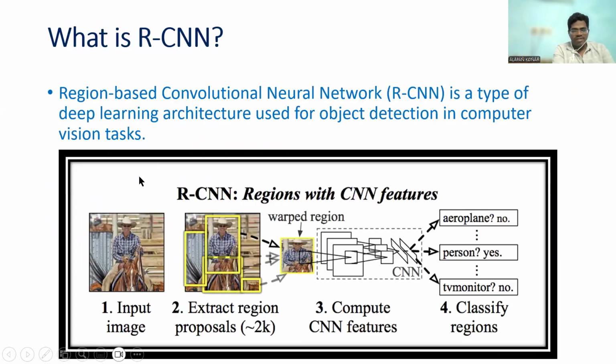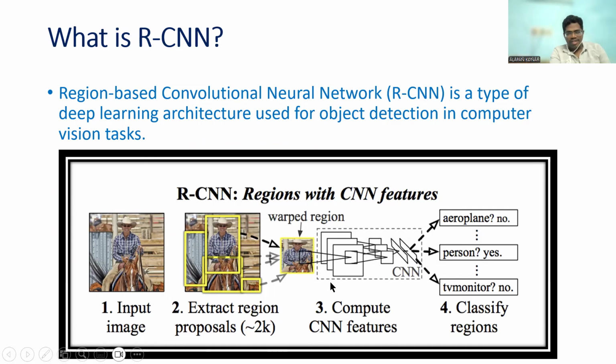So what is RCNN? You can say it's one of the successful deep learning architectures, meaning region-based convolutional network, utilized for object detection computer vision tasks. This is the general architecture of the RCNN. Generally the input images are collected, then region proposals are extracted with some method and moved to the warped region.